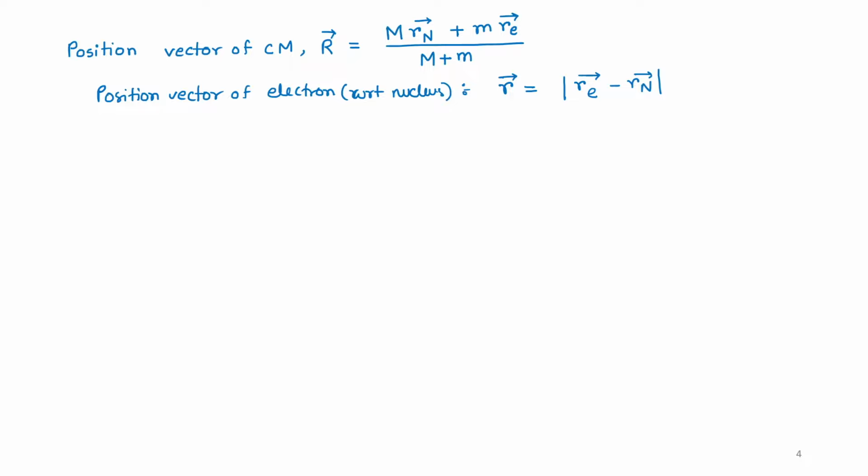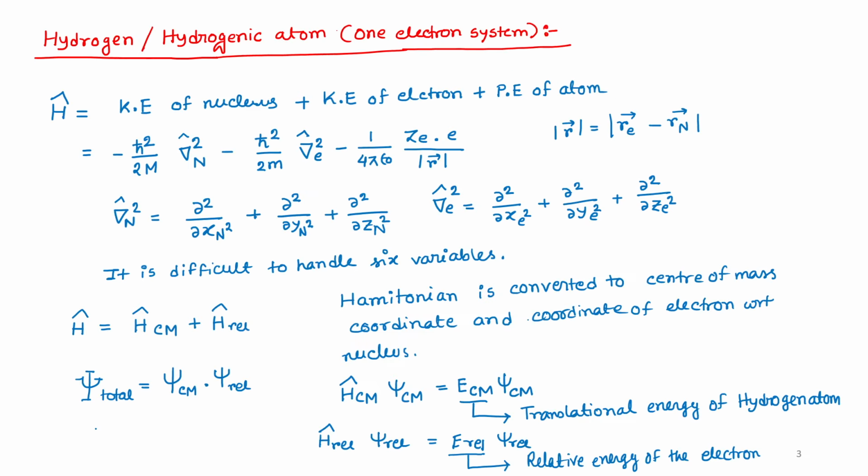Now we need to define, as you can see here, del square by del xn square.